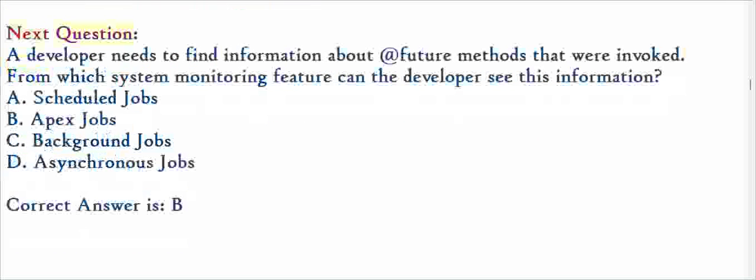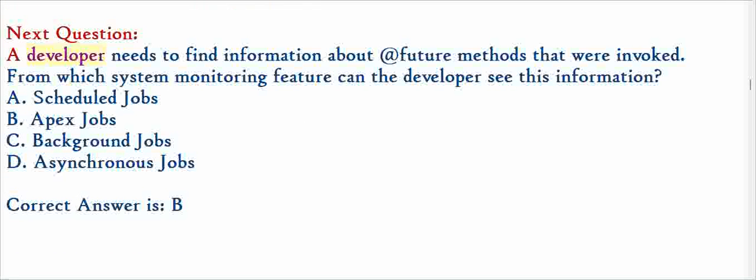C. Use visual workflow to set a recommended field on the candidate whenever the cumulative review score is 15 or better. D. Use a workflow rule to calculate the sum of the review scores and send an email to the hiring manager when the total is 15 or better. Correct answer is D. Next question.